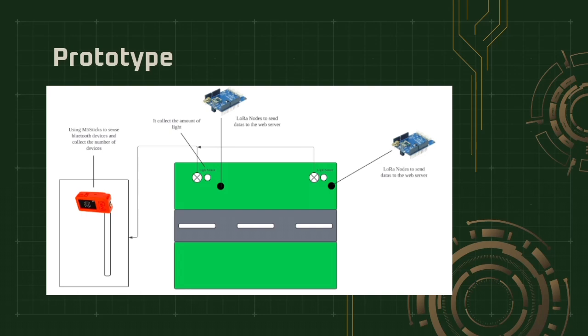So here's our prototype. This is our network. We have LoRa nodes and a light sensor. The LoRa node is connected to the M5 stick via UART, and the light sensor is connected to the M5 stick. All of the data will be hosted on the M5 stick.